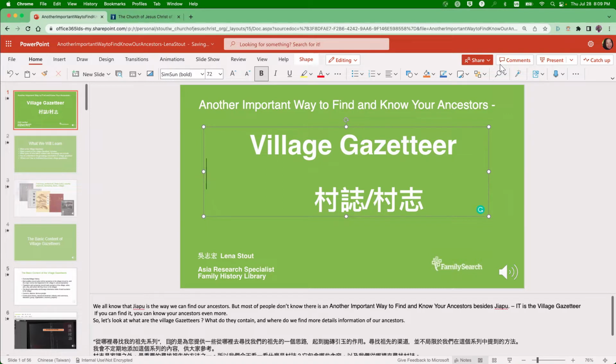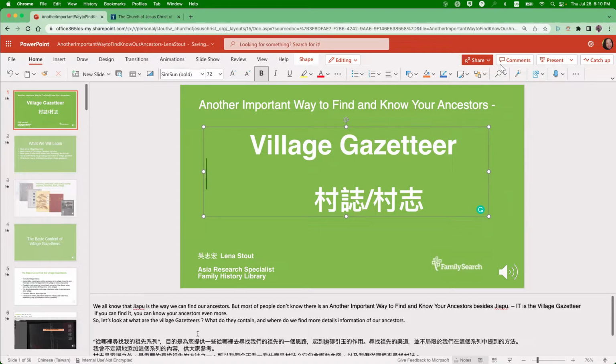So we all know the Japu is the way we can find our ancestor, but most people don't know there is another important way to find and know your ancestor besides the Japu. It is a village gazetteer. If you can find it, you can know your ancestor even more.